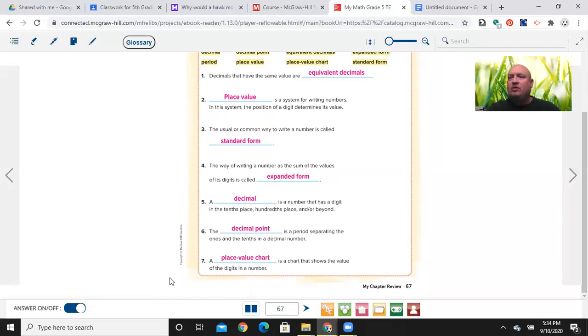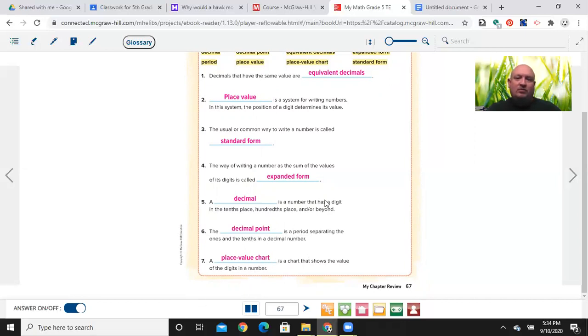So anytime you have something other than a whole number, that's a decimal. 27.3, for example. Number 6, the decimal point is a period separating the ones and the tenths in a decimal number. So 2.7, that little point that we keep talking about, is the decimal point.